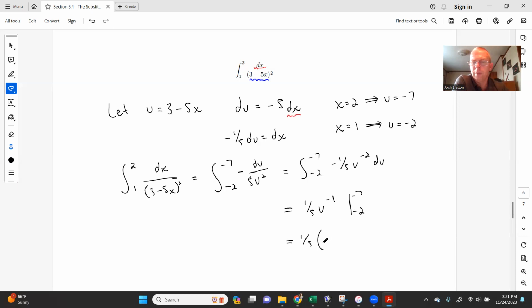So negative 7 to the negative 1, that's negative 1/7 minus negative 1/2. And we should get negative 1/14 when we do this. Okay.